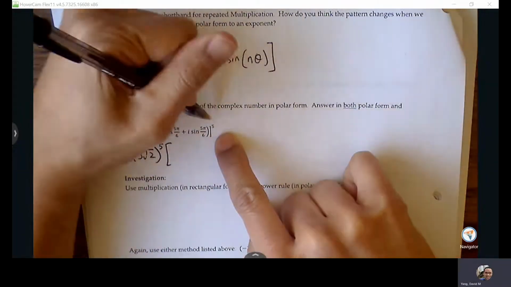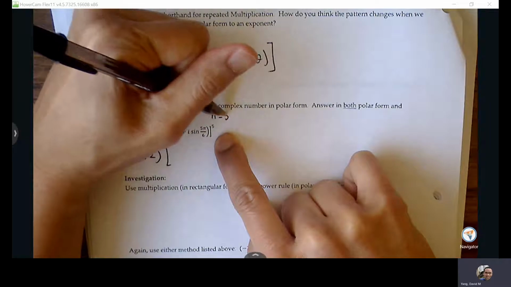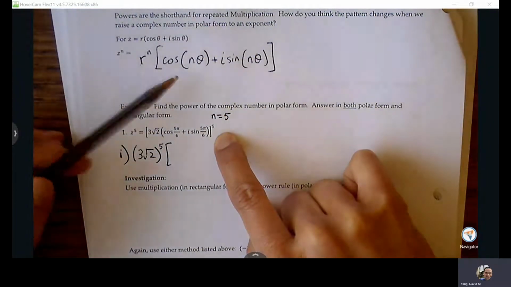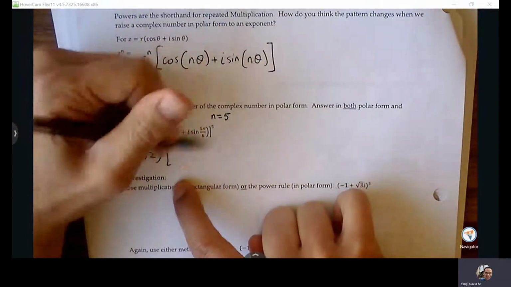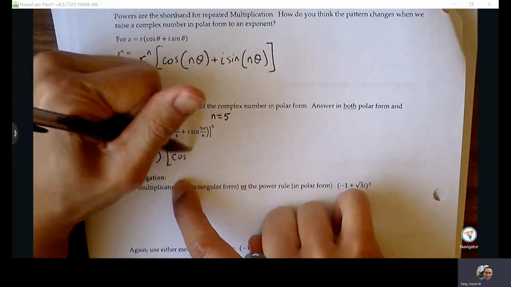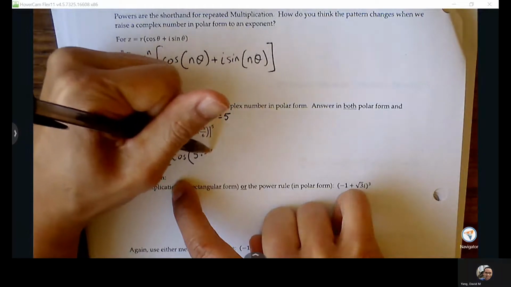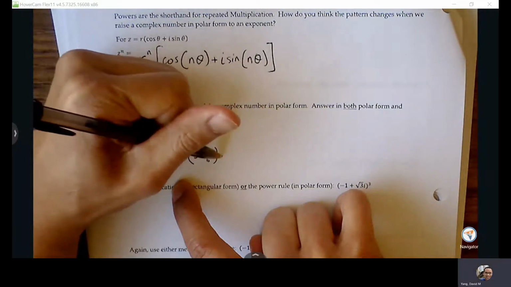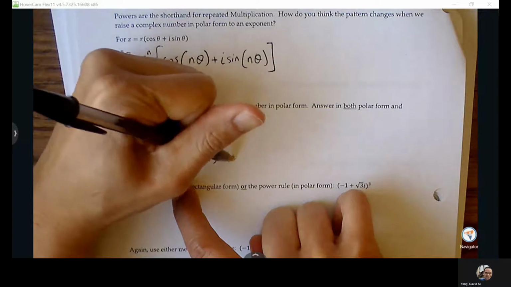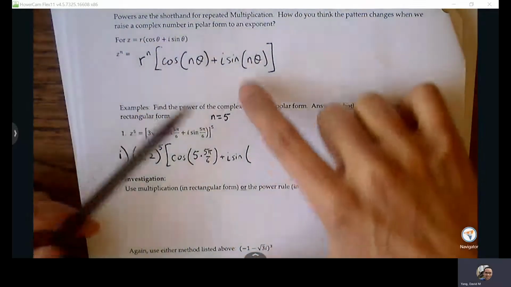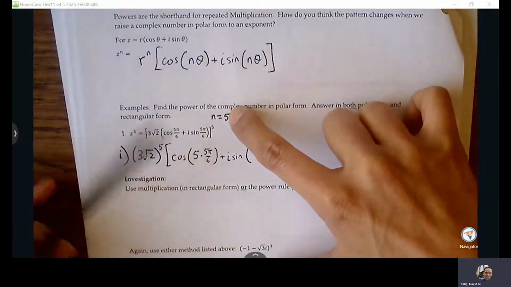My n is 5. Just want to make sure that we understand that n is the power of the exponent. And the formula says cosine of n theta. So cosine of 5 theta, plus i sine of n theta, so 5 times 5 pi over 6.